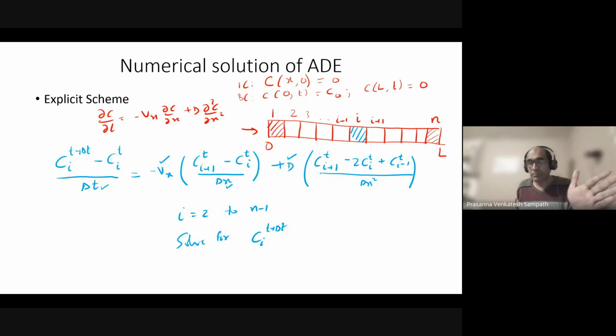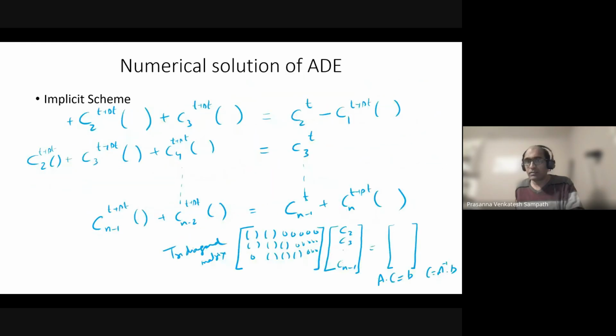The explicit scheme: the advantage is that it is simple and easy to solve, and the disadvantage is that it is not unconditionally stable. The implicit scheme, on the other hand, the one with this tri-diagonal matrix, is unconditionally stable, but the disadvantage is that the cost of computation is higher.